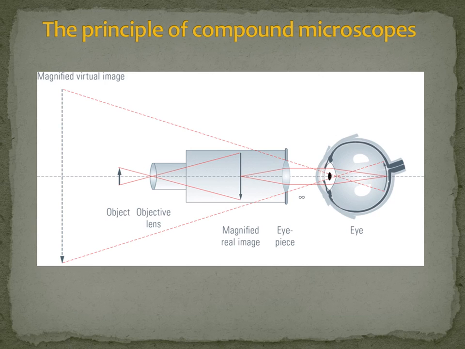So the observer will have the notion that they are looking at a much larger image, while in fact the object is small. So in fact it helps amplify. The compound microscope is based on this principle, but it suffers from a series of problems that we will discuss in a bit.